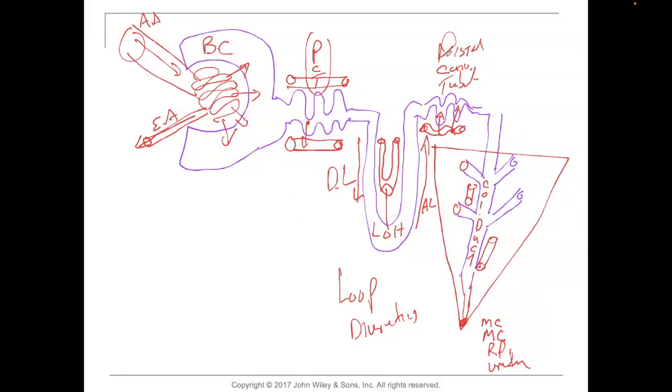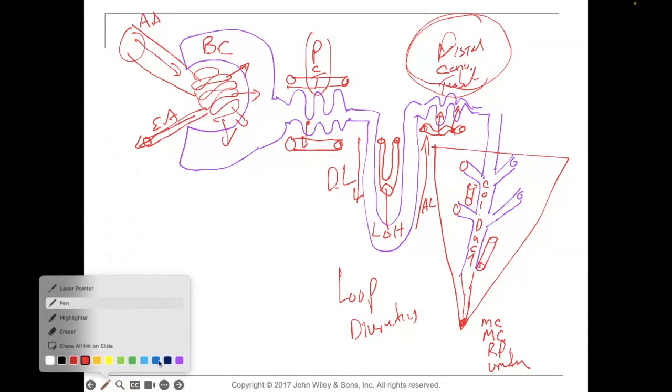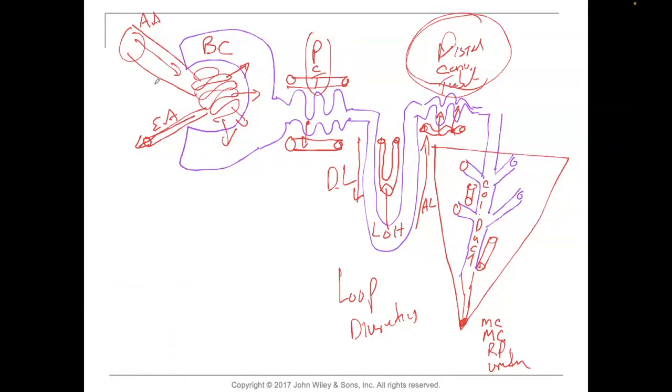The other thing I want to point out is although I'm showing the distal convoluted tubule over here, the distal convoluted tubule is so convoluted, eventually it will find its way, and I'm going to change the color here, right here, back.